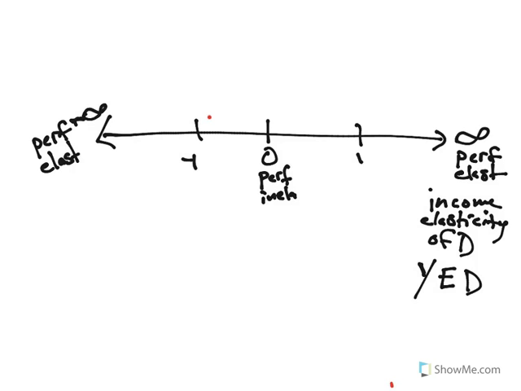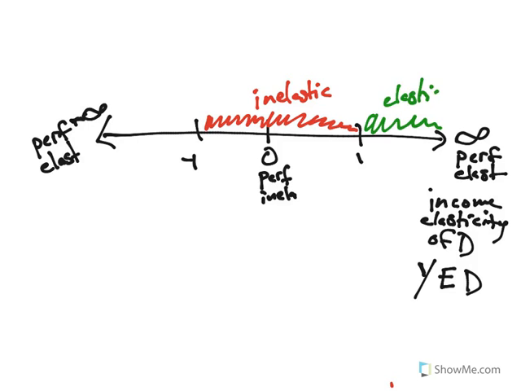And just like before, anything between 0 and 1 is inelastic. Anything greater than 1 is elastic. And that's greater than 1 in magnitude. So this -1 over here is also elastic.